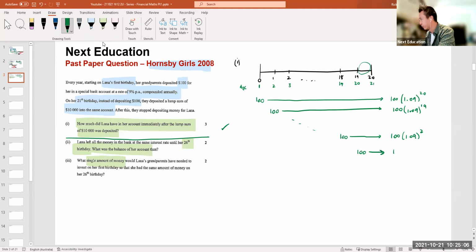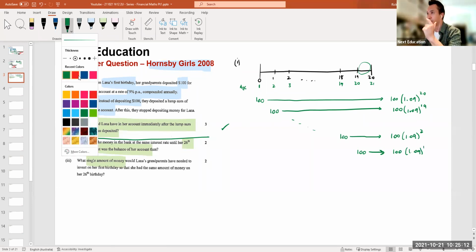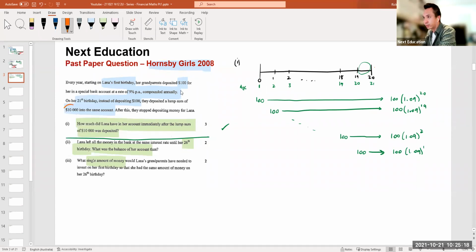What is different between this question and the ones before is that they make another payment. When Lana turns 21, they put in $10,000. Now, when they put it in at the end of the period, there's no interest.